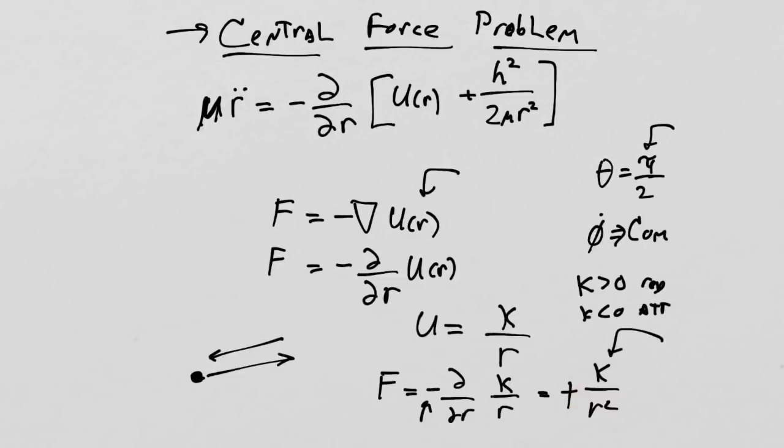And if it's negative, that means the force is in the opposite direction of the coordinate r, or of the r unit vector. And the r unit vector is always away from the center of symmetry. If kappa is greater than 0, then the force is repulsive because it's in the direction of r, so it pushes away from the center of symmetry.